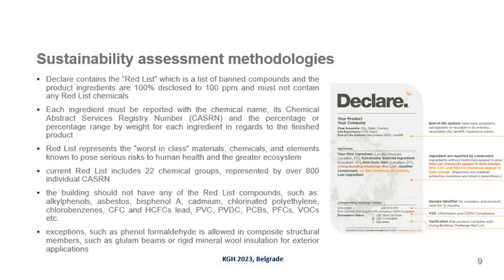I would like to mention the Declare label, which is a voluntary self-disclosure program for certifying construction material products. The Declare label contains the red list, which is a list of banned compounds and the product ingredients which must comply and which must be omitted from the materials or components which are used in the building.